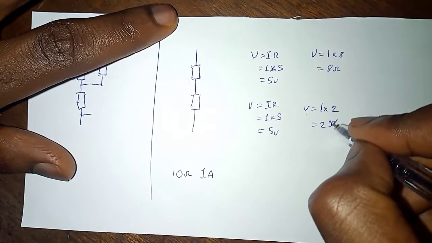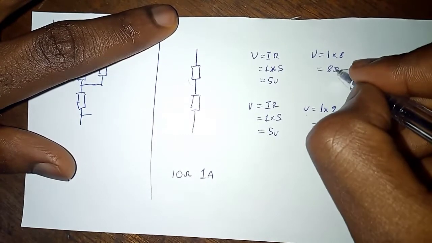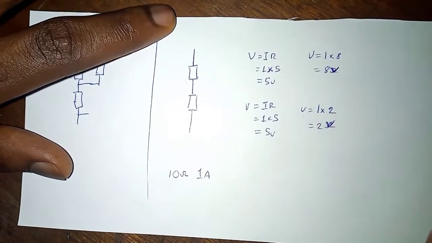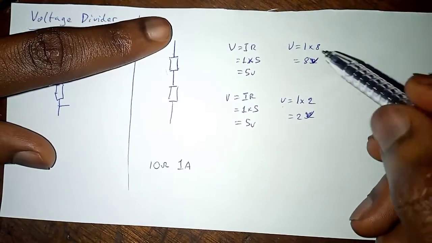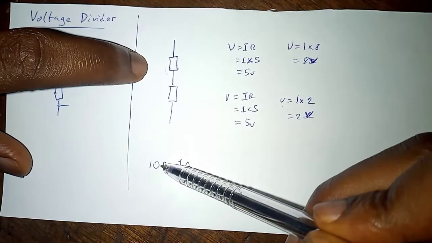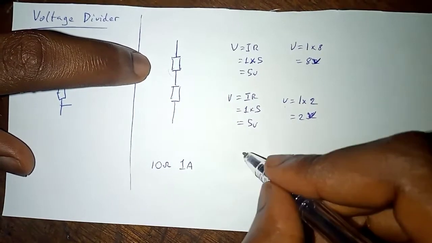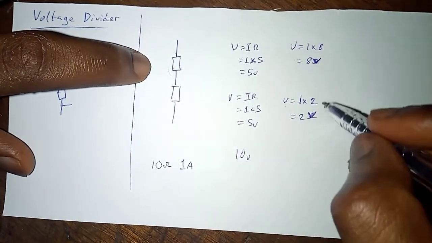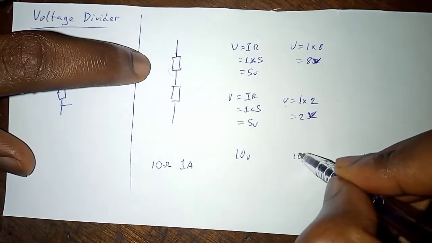I'm very sorry about that. 2 volts. Yes. So you can see 5 volts plus 5 volts equals 10 volts. 8 volts plus 2 volts equals 10 volts.